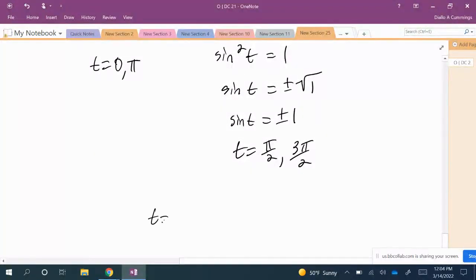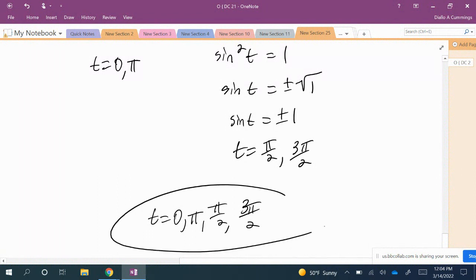So our solutions are 0, pi, pi over 2, and 3 pi over 2. All right, so here again, keep in mind that you could check these values.